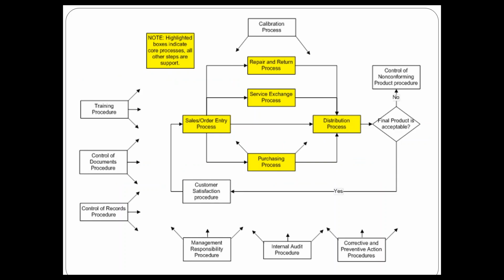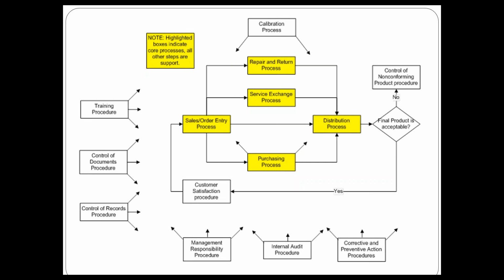Here is another model. This time what they've opted to do is to highlight the core processes, and there are 5 of them in this instance, and then they've told us to presume that all other processes are support.